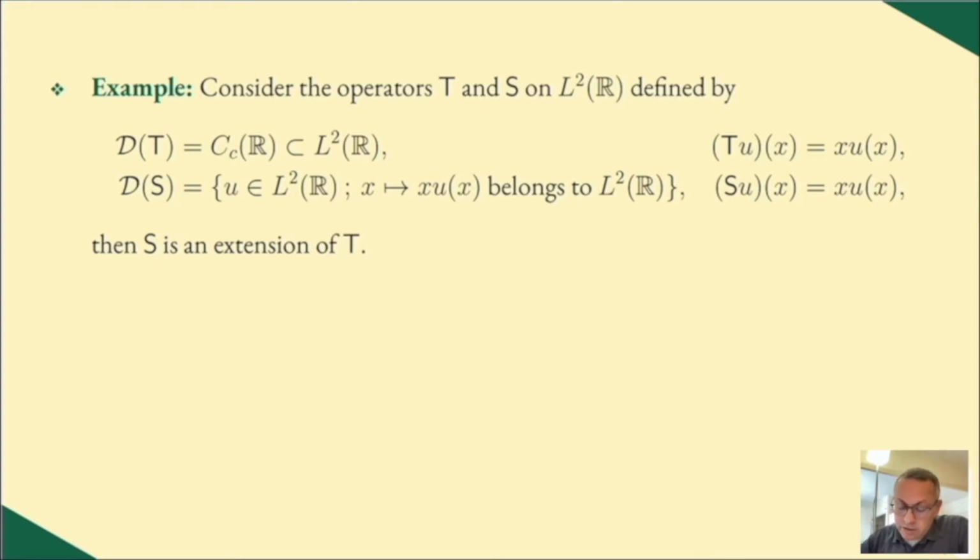And clearly, if u is continuous with compact support, then x u(x) is still continuous with compact support, and therefore u also belongs to the domain of S. So this means that S is an extension of T. This is a very simple example.